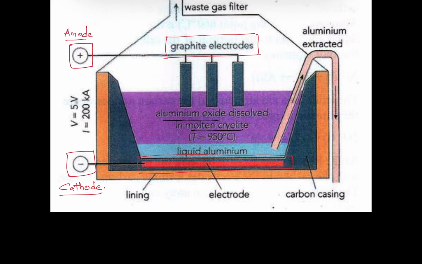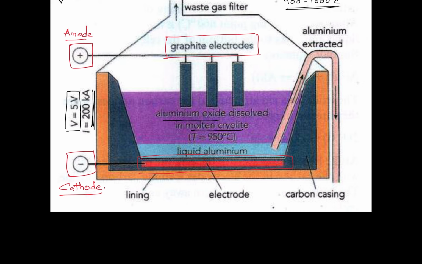Again, as we discussed earlier, the melting point is between 900 to 1000 degrees Celsius, and because I need to maintain a huge amount of heat over here with the help of electricity, I would be using a very small voltage of 5 volts and a very high current of around 200 kilo amperes.